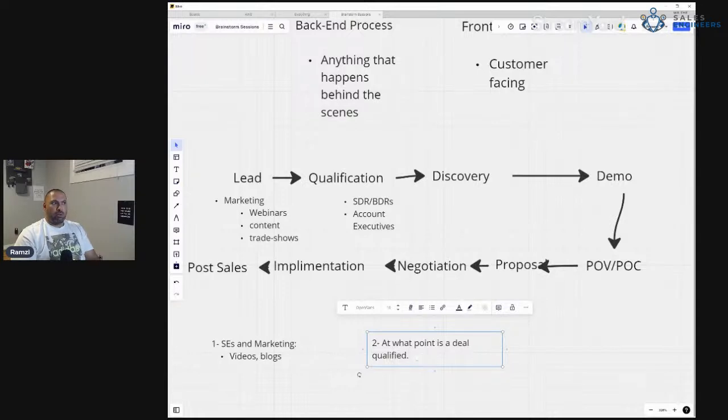SEs can work not necessarily on scripts, but on some basic questions that the SDRs, BDRs, and account managers can ask their customers, so that before the SE comes in, and I've worked on this with multiple SEs, whether they work at startups or at larger companies, if you're asking the same questions to the account manager every time, then maybe you should just create a checklist and share that with them, and that will be your process.